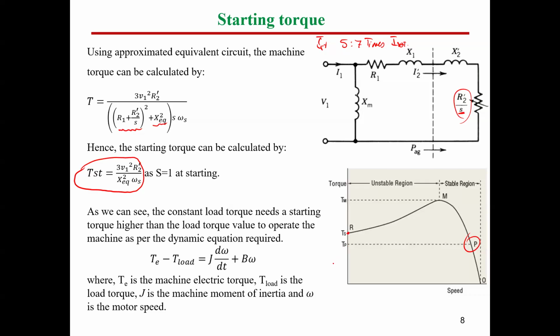Okay, so this is the feature of the starting of the induction motor. Torque starting is going to be in a range from 1 to 1.5 of rated torque, and I starting will be from 5 to 7 times the rated current. Okay, nice.